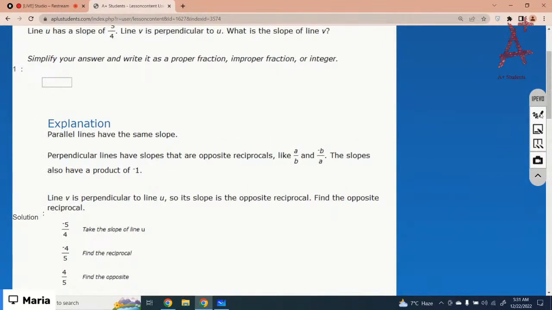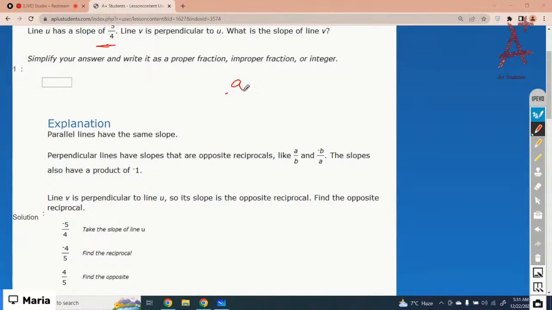Whenever two lines are perpendicular, their slopes are opposite reciprocals of each other. If the slope of the first line is a over b, the line that is perpendicular to it has the slope negative b over a.